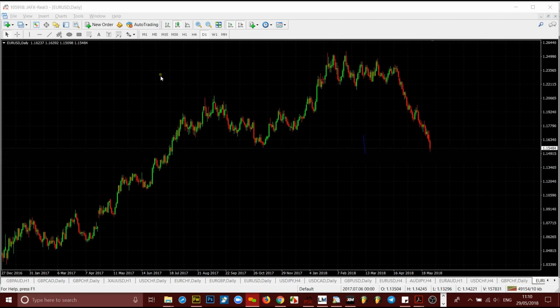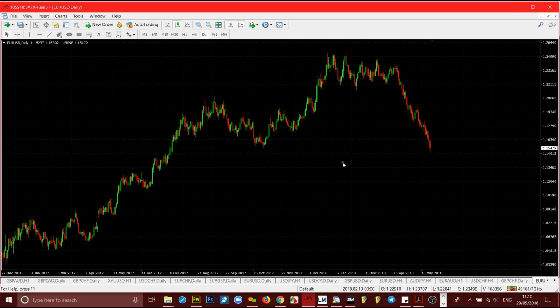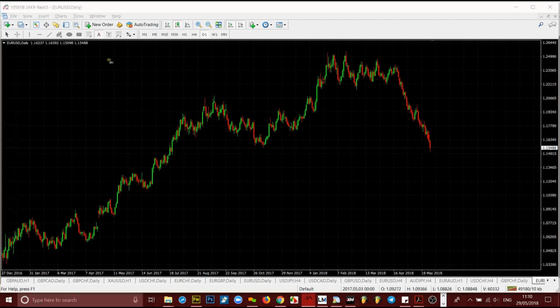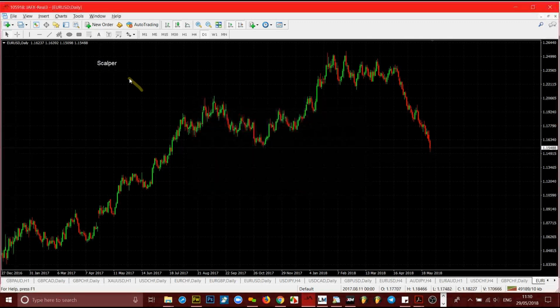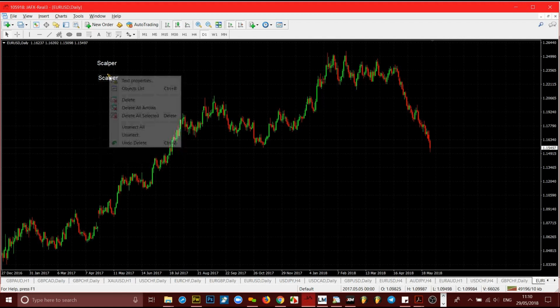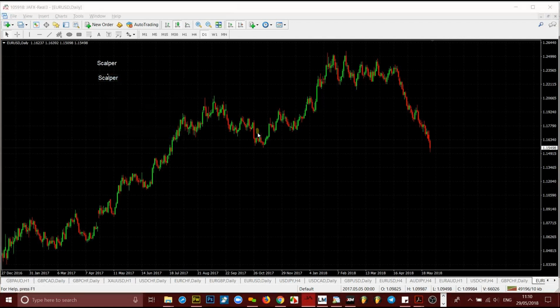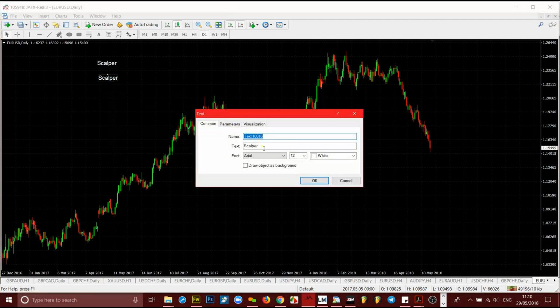There are different kinds of trading. You can be what they call a day trader. You can be an intraday trader. You can be a swing trader. What kind of trader are you? You can be a scalper, meaning you just jump in and jump out to grab a few pips in the market.